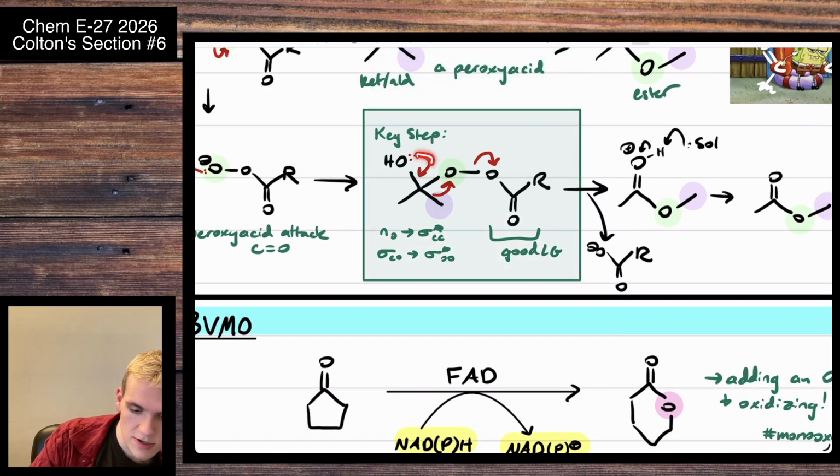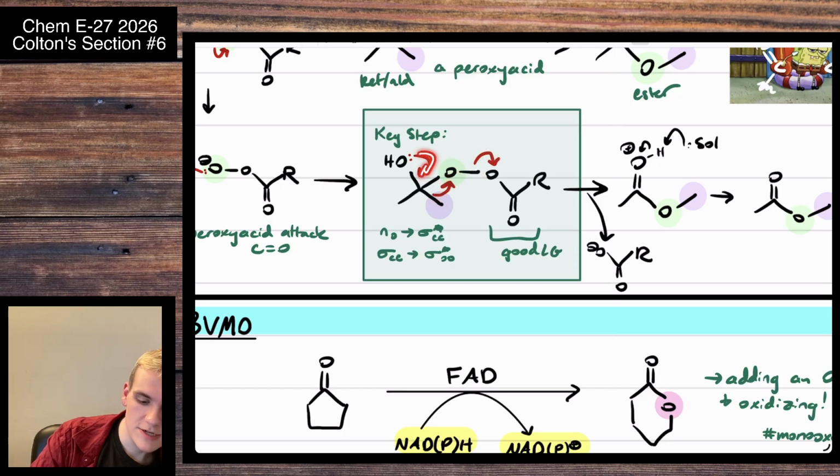So when we put electrons into the antibonding orbital for this bond, that breaks the bond. And then we are using the electrons in that sigma CC bond, another typo, to go and attack this oxygen, put electrons in the antibonding OO sigma orbital and break that off.